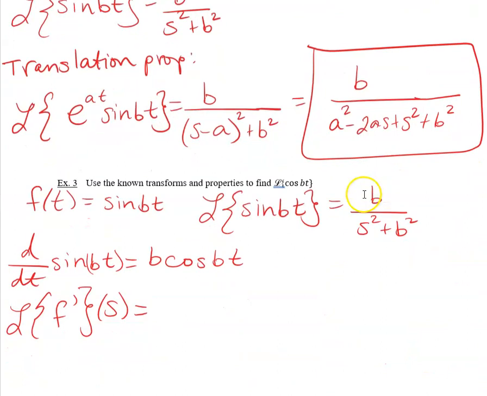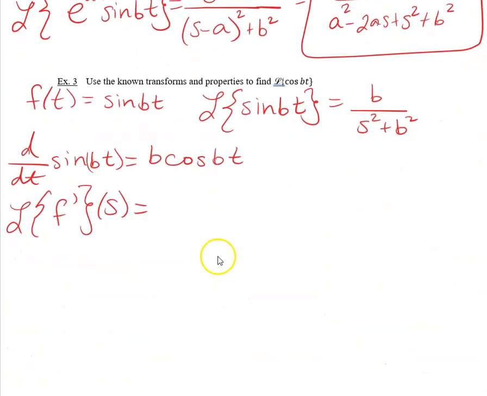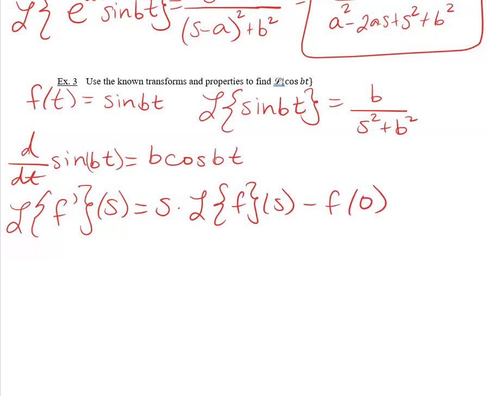So let's go back and let's write that out. That property says the Laplace transform of f prime is s times the Laplace transform of f of s minus f of 0. So that means that the Laplace transform of b cosine of bt is going to be equal to s times the Laplace transform of f, which was what we started with.